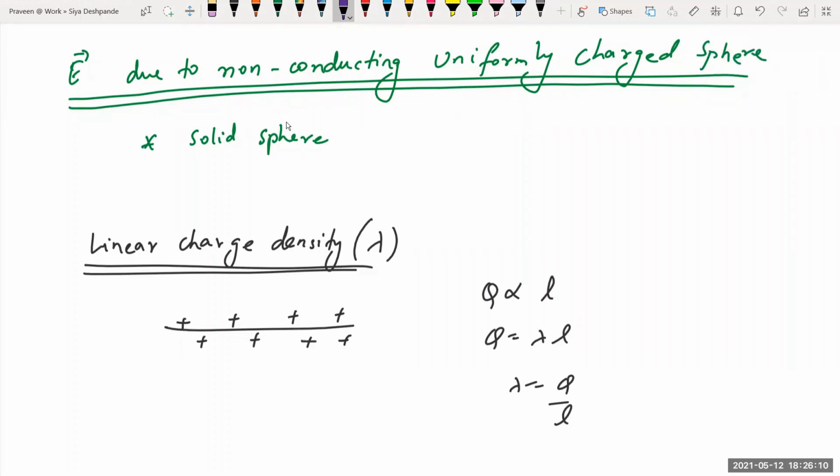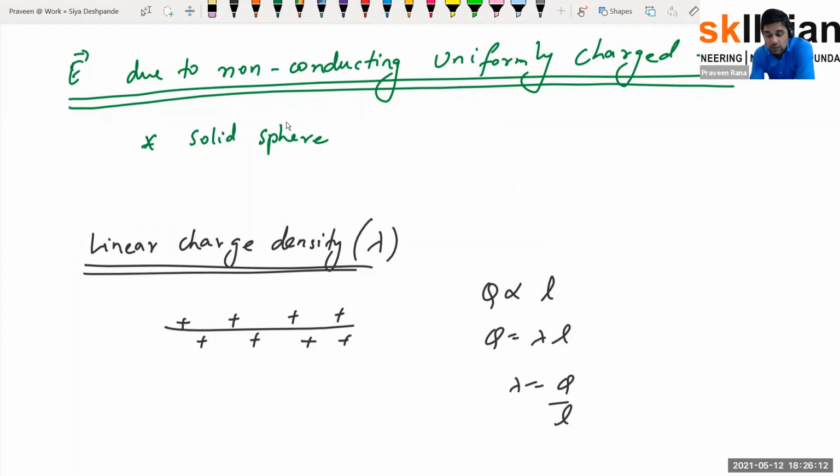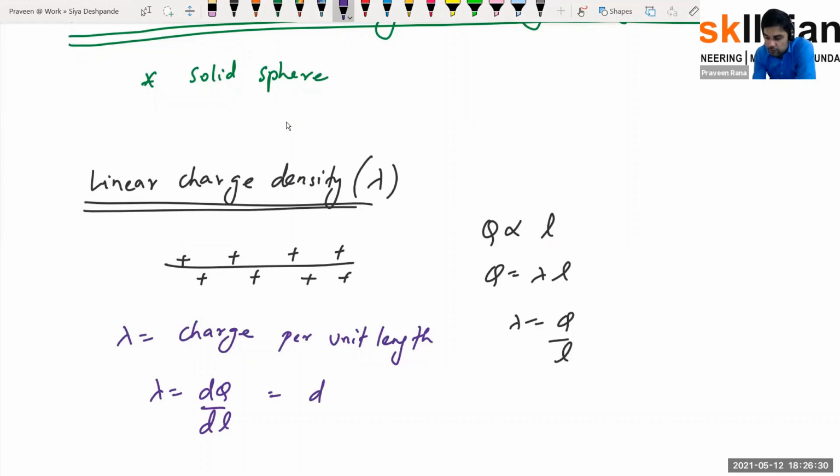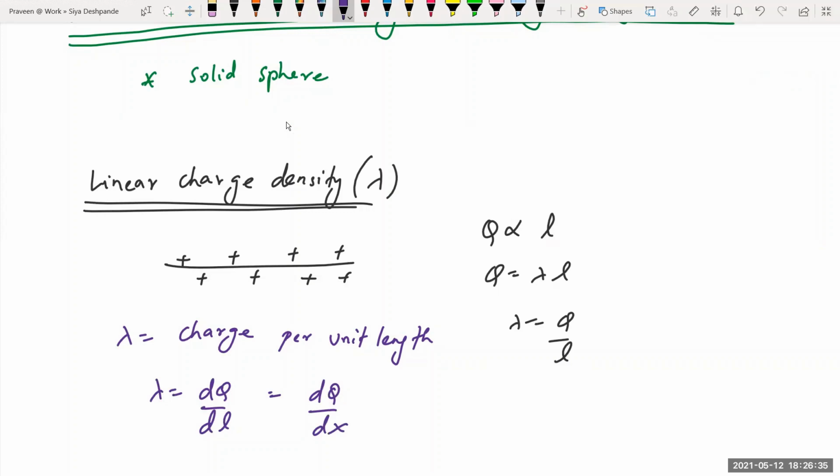So when I say linear charge density, that means all the charges along the length, that is, charge per unit length. Its mathematical formula would be dq over dl, or you could also say dq over dx. So please remember what is lambda, because it will be used a lot.